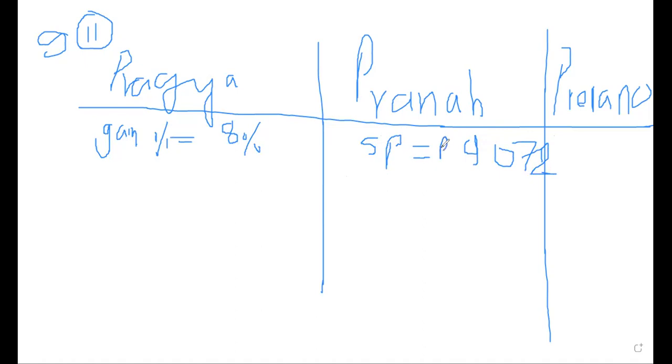Yes. And for Pranab, look here. What is the gain? Profit percent is there for Pranab. Profit percent, how much? 12%. Now asking to find the cost price of what?